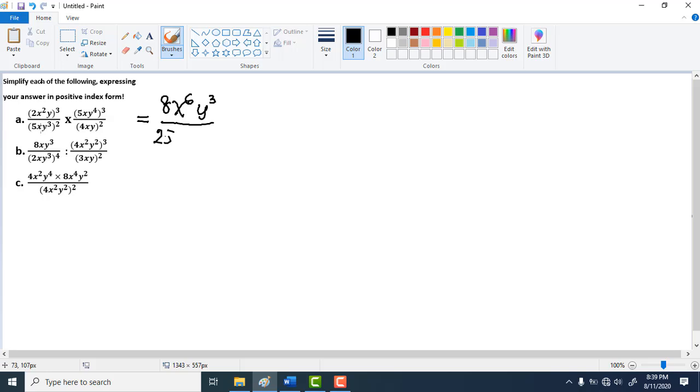And then x to the power of 1 to the power of 2, use the third law of indices, we get x to the power of 1 times 2. Next, y to the power of 3 to the power of 2 means y to the power of 3 times 2 equals 6.